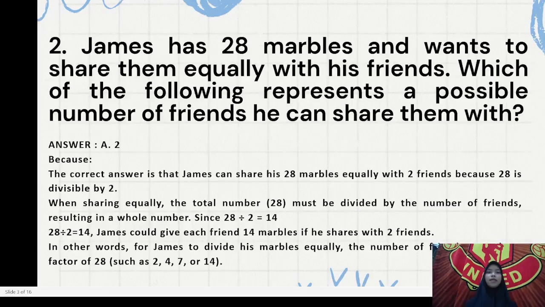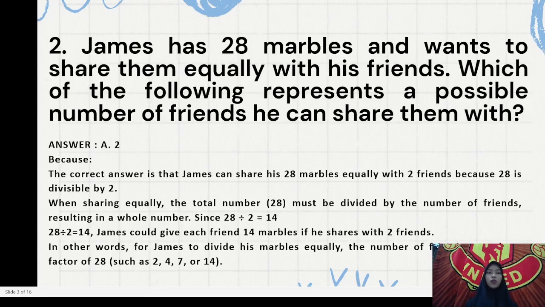2. James has 28 marbles and wants to share them equally with his friends. Which of the following represents a possible number of friends he can share them with? Answer A. 2. Because James can share his 28 marbles equally with two friends because 28 is divisible by 2.